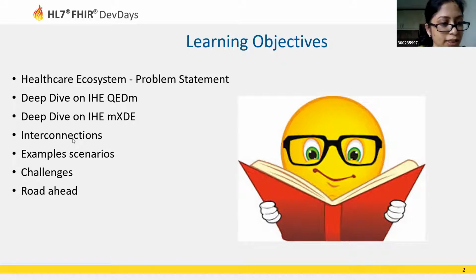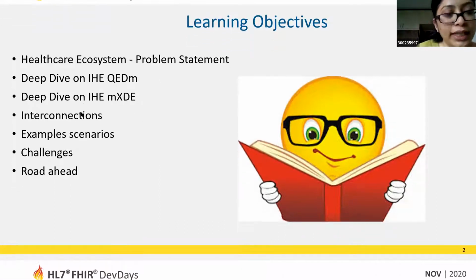We will also learn about the interconnections that exist between these two profiles. We will also pick a sample use case or an example and try to apply what we have learned from the profiles perspective. And we conclude with the challenges we faced and the changes that we need to bring about. So this is the agenda for today's tutorial. So let's get started.